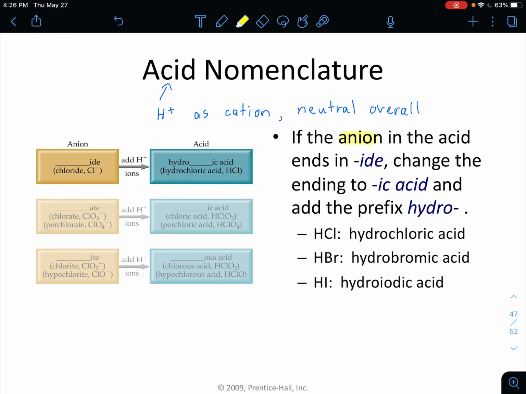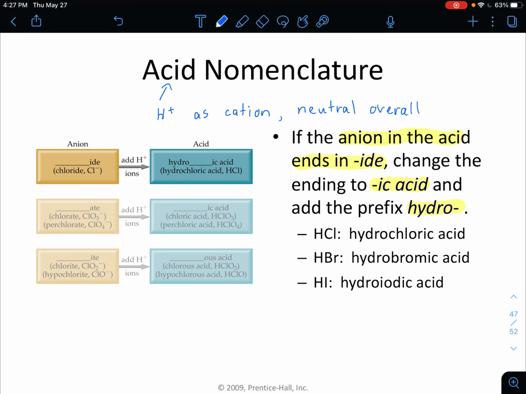So if we have an anion that ends in IDE, which typically means a single atom anion, then we're going to add the ic acid ending to indicate that it's an acid. And if there's no oxygen as part of the anion, then we indicate that with the hydro prefix. So if the formula overall doesn't have an oxygen in it for the acid, it'll get the hydro prefix.